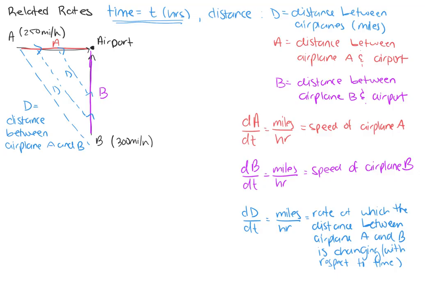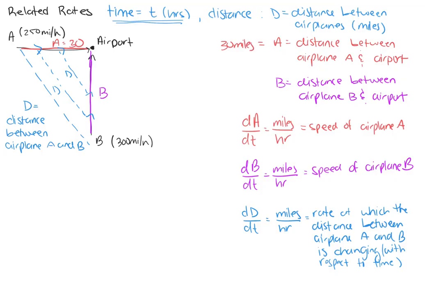And we want to know what that is when airplane A is 30 miles east of the airport. So we know A is 30 miles.